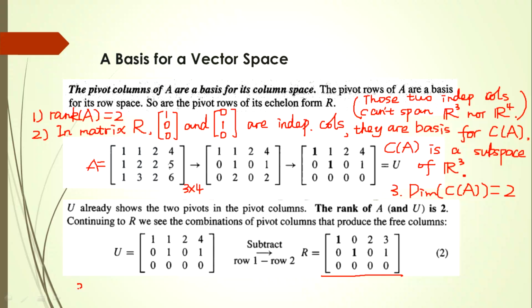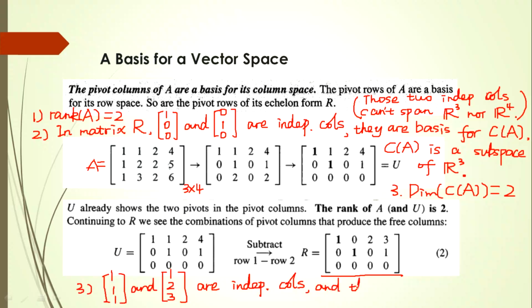And comment number 3: since the first two columns in matrix R are independent columns, the first two columns in matrix A, 1, 1, 1 and 1, 2, 3, are independent columns, right?